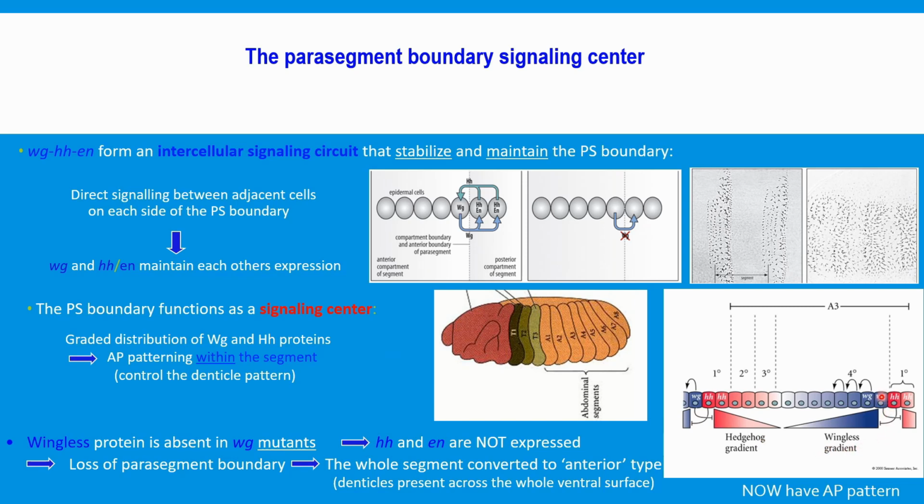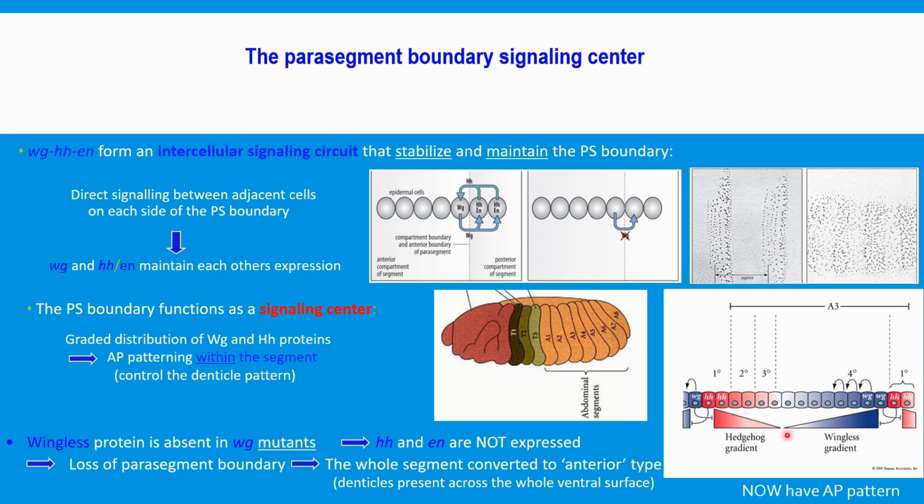And what we see is that now this is the parasegment line with hedgehog and engrailed here, and the wingless cells in the posterior most of this parasegment, and they start creating morphogen gradients. So wingless will be secreted, giving rise to stronger levels of wingless here and weaker levels here. Meanwhile, in the anterior part of the parasegment, hedgehog is secreted, and this is best seen here, and forms a gradient here.